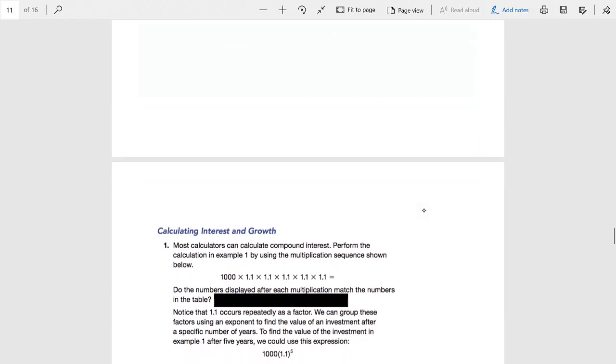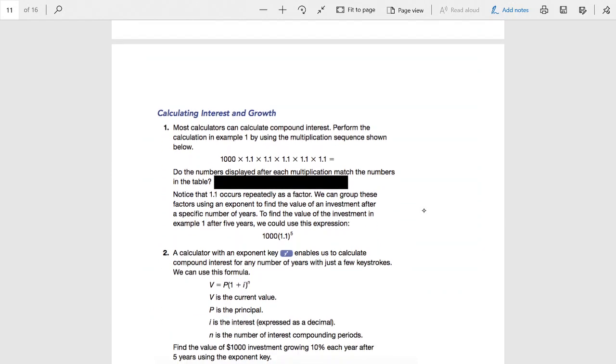So let's answer a few different questions here, and what we need now is a calculator, because most compound growth is actually shown by using a calculator. It gets very tough with all of those decimals very quickly, so we use our resources. So most calculators can calculate compound interest, and so we could do this that is shown, 1,000 times 1.1 five times.